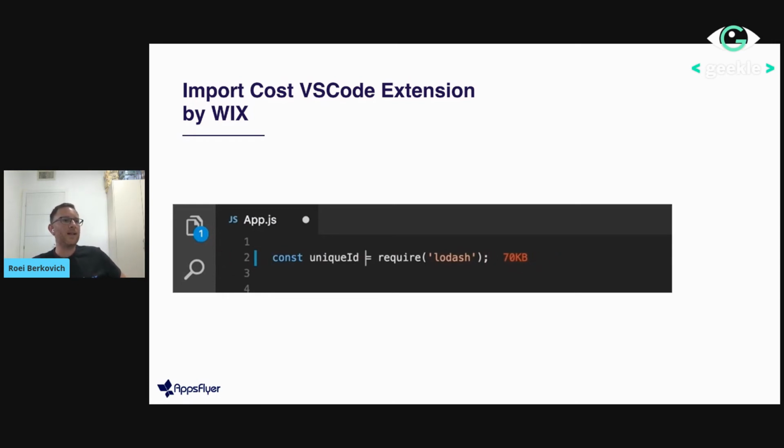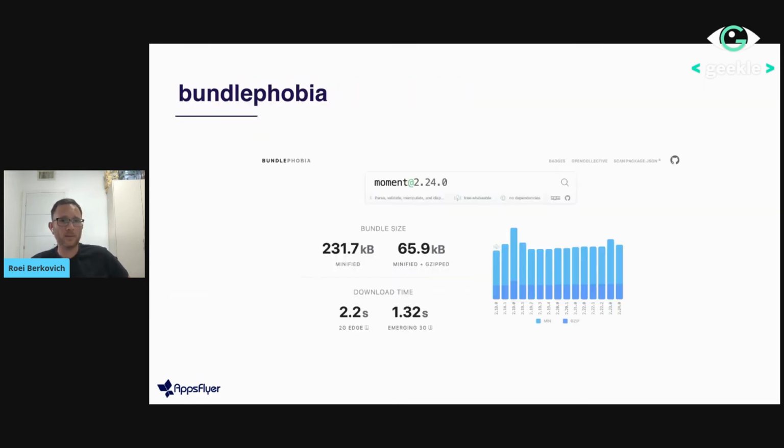Here we can see a classic tree shake use case and understand how it makes our bundle bigger or smaller. It's 2K or 70K. It's a lot of difference, okay? Just by how we import our modules and our libraries.